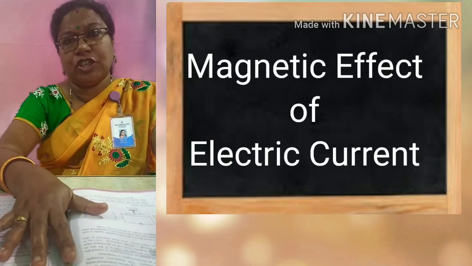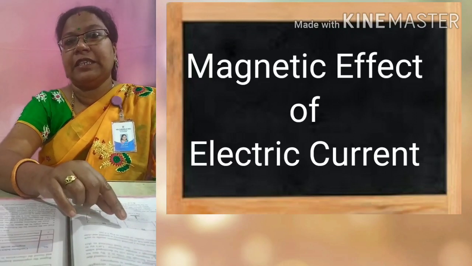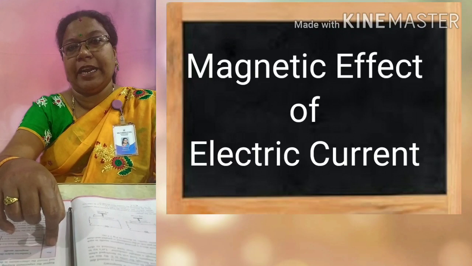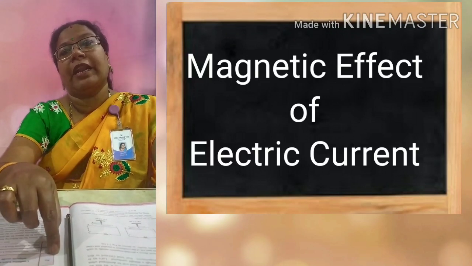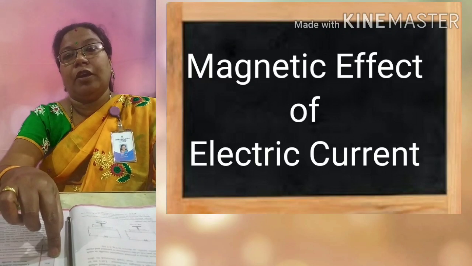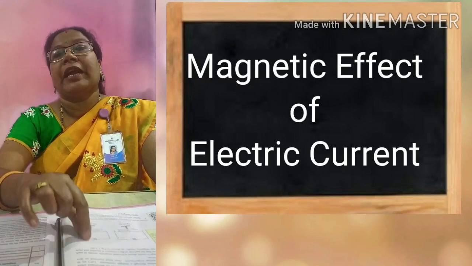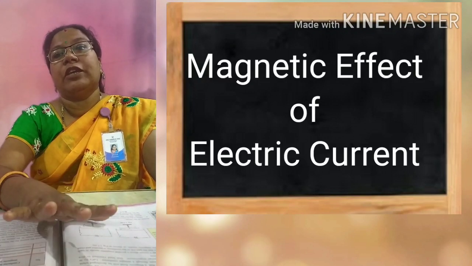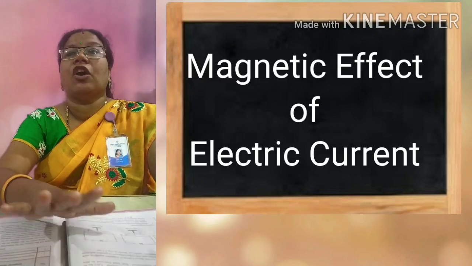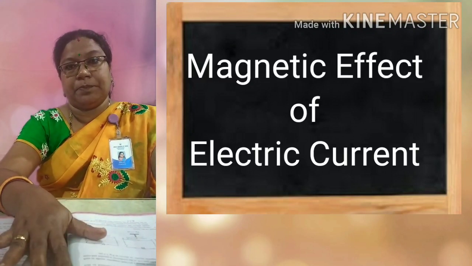So by the deflection of that magnetic needle, we can infer that when electricity passed through the straight conductor, a magnetic field was developed around that straight conductor. Due to the mutual interaction of the two magnetic fields, the magnetic needle deflected.